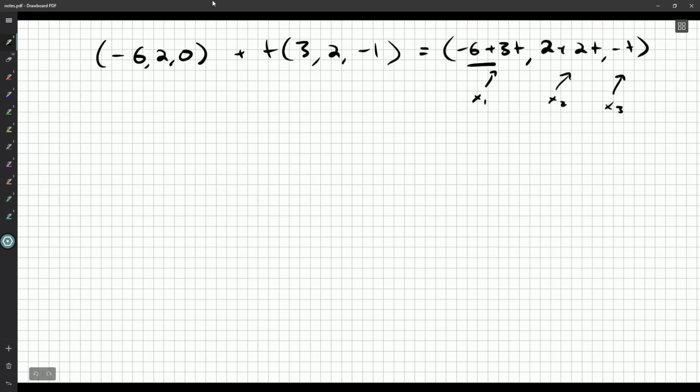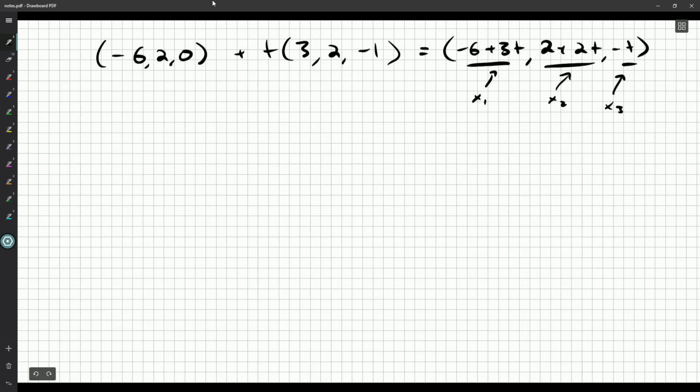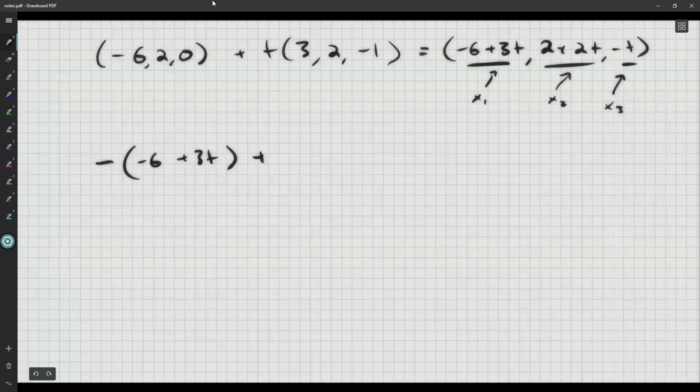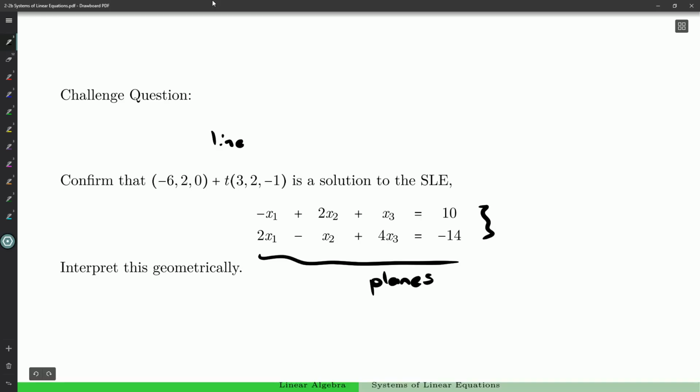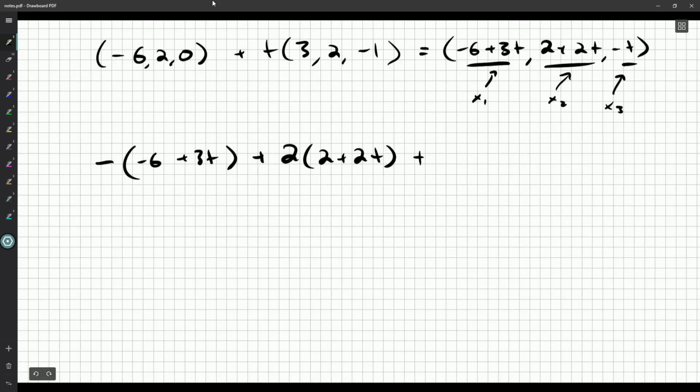So now let's plug these expressions in, not unlike what we did when we were trying to find points of intersection. We'll plug that into each one of these planes. So the first one, minus x1, but it's really going to be minus (minus 6 plus 3t), plus 2x2, except there is no x2 anymore, it's 2 times (2 plus 2t), plus x3, and we should get a value of 10.